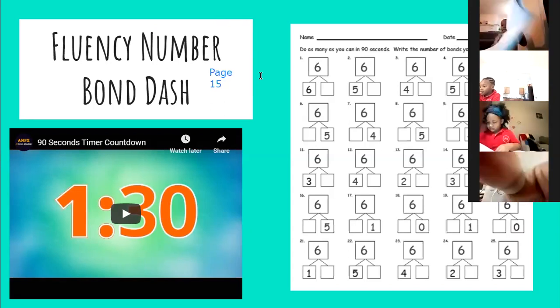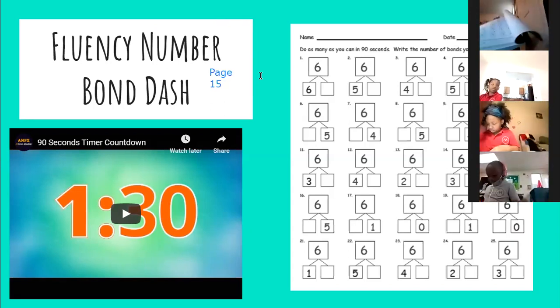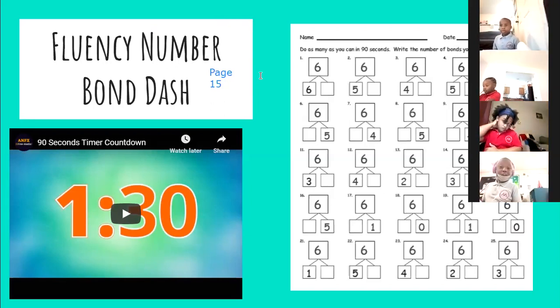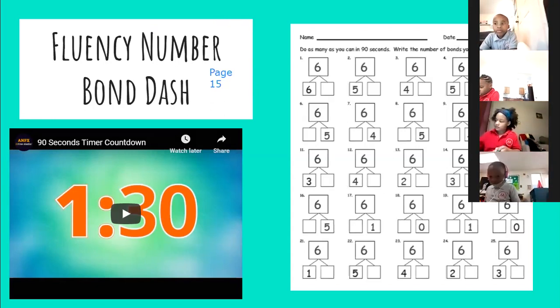Page 15. You should be there with your pencil. And 10 in the moon book, 9. Page 15, 15.